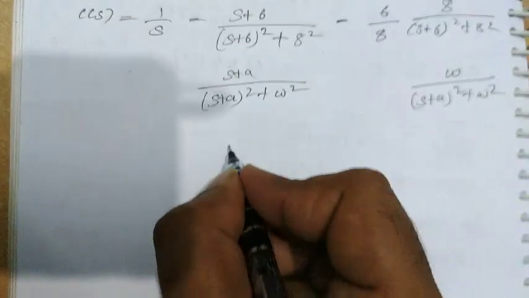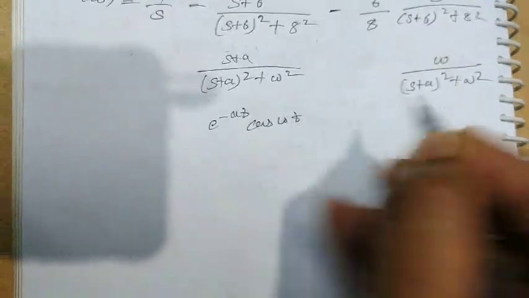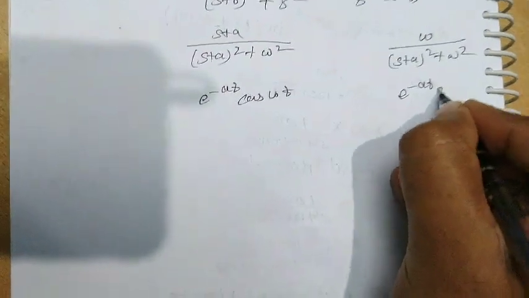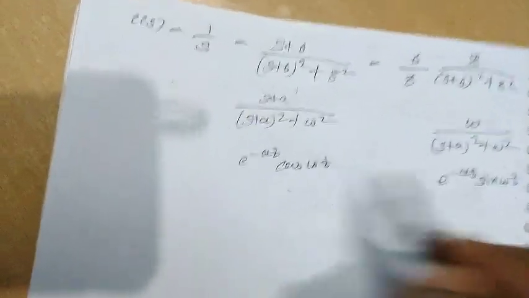If I take the inverse Laplace of these, it is e power minus at cos omega t, and e power minus at sin omega t, right? So these two terms I will replace with these.